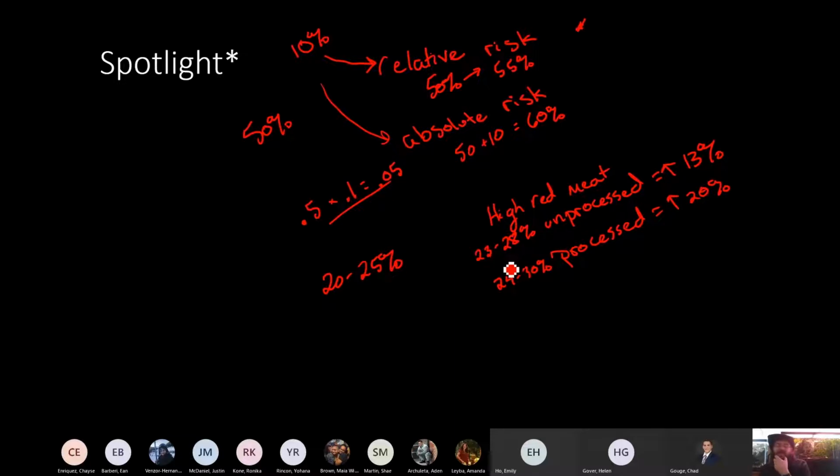So the absolute risk increase is not nearly as headline grabbing as the relative risk increase. So when you're reading stories about dietary things that boost your chance of getting cancer, remember that these are almost always relative risks. Like if you chase down the citation, it's relative risk.